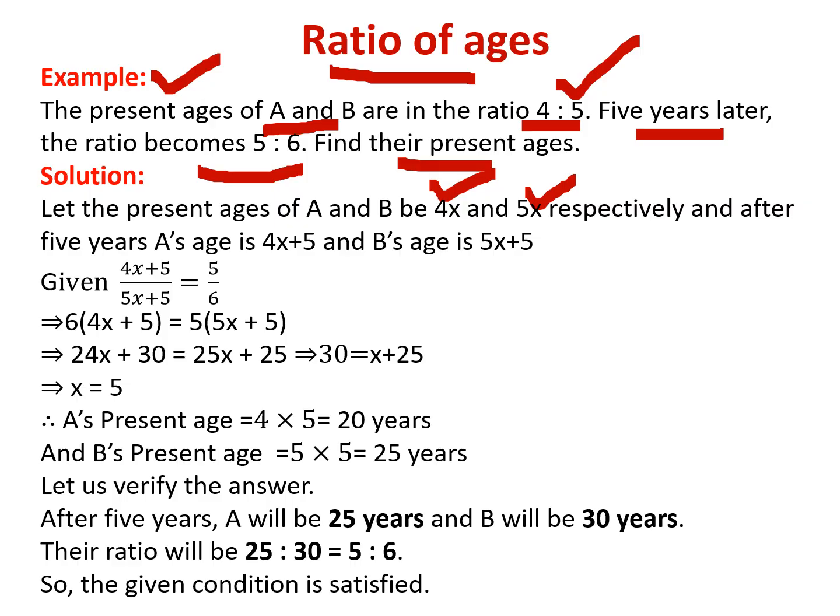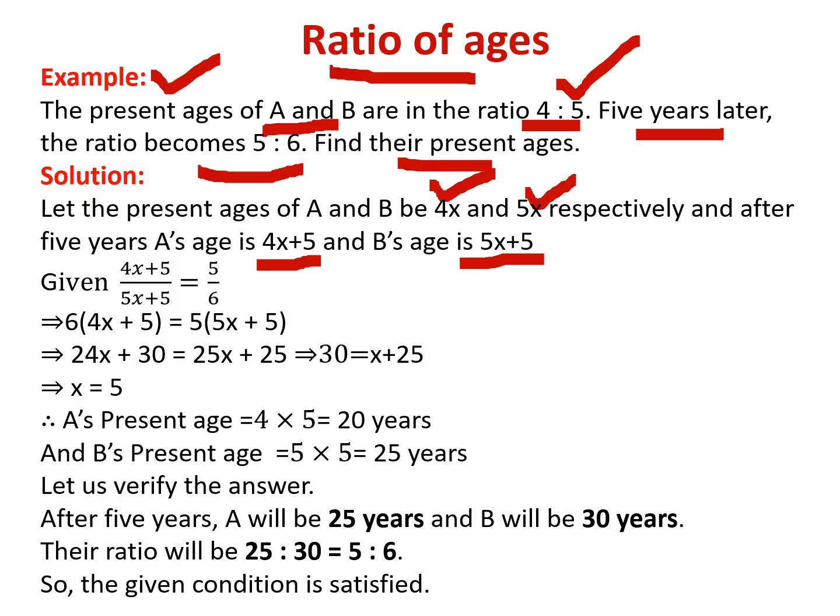This means we have to add 5 years to both ages. So, after 5 years, A's age is 4x plus 5 and B's age is 5x plus 5. We are told that their ratio after 5 years becomes 5 is to 6.